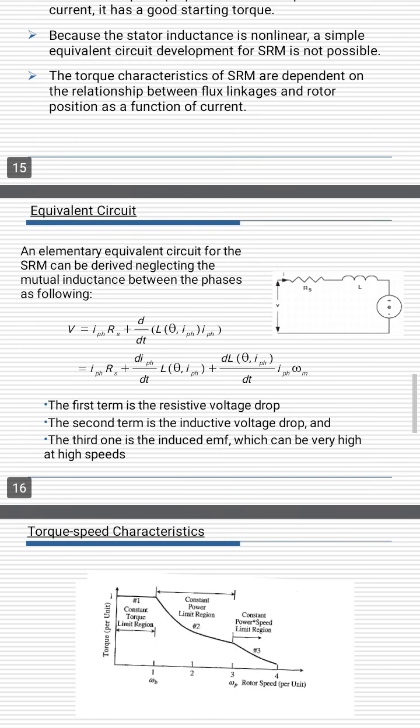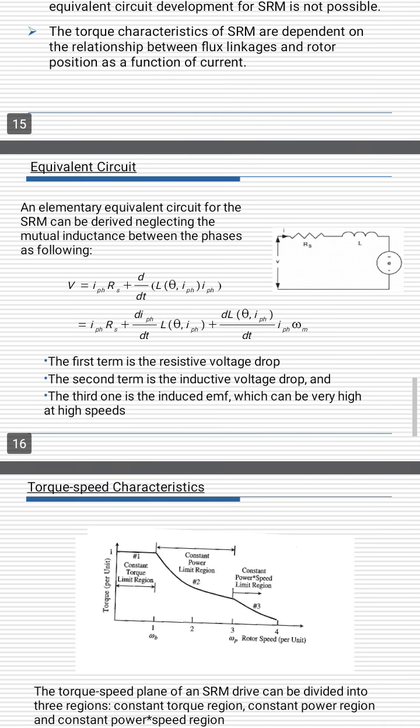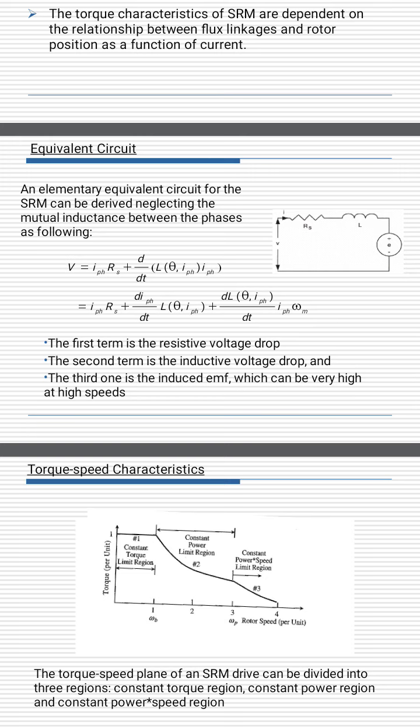Because the stator inductance is non-linear, a simple equivalent circuit development for SRM is not possible. The torque characteristics of SRM are dependent on the relationship between flux linkage and rotor position as a function of current.